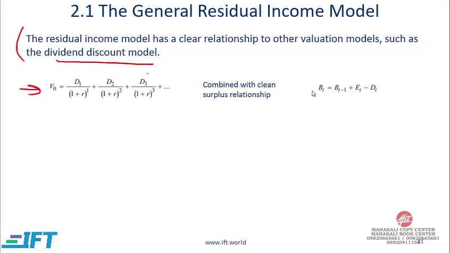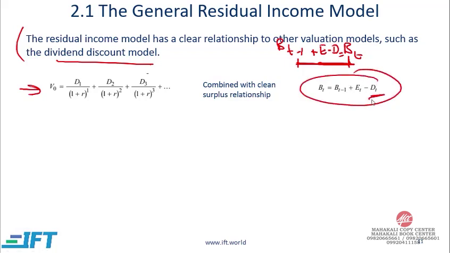So if we have clean surplus accounting, then the book value at the end of a given period T is equal to the book value at the start of the period plus the earnings minus the dividends. So this is your clean surplus accounting. If this relationship holds, then what is D equal to?